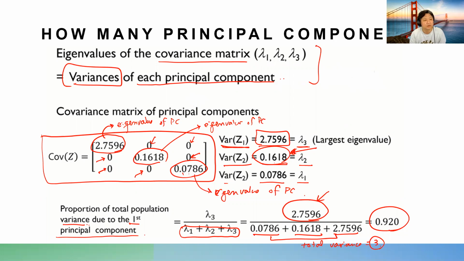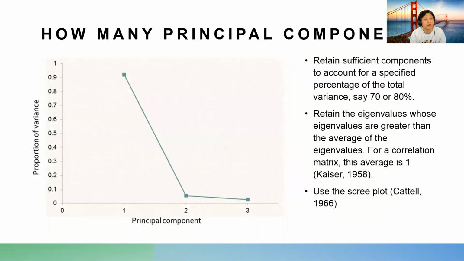Right. So how can we determine the number of principal components? There are a couple of different ways. In this case, the first component is 92%, right? And the second component is less than 1%. And the third component is like this. So the first approach is to retain sufficient components to account for a specified percentage of the total variance.